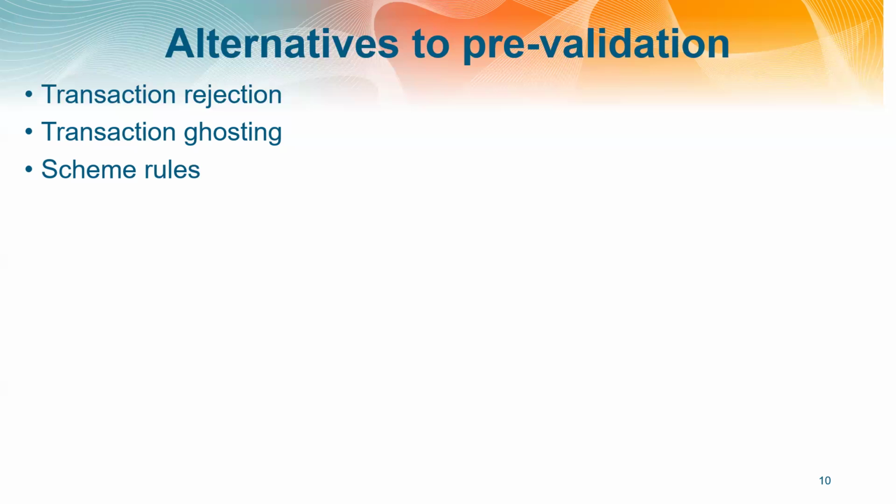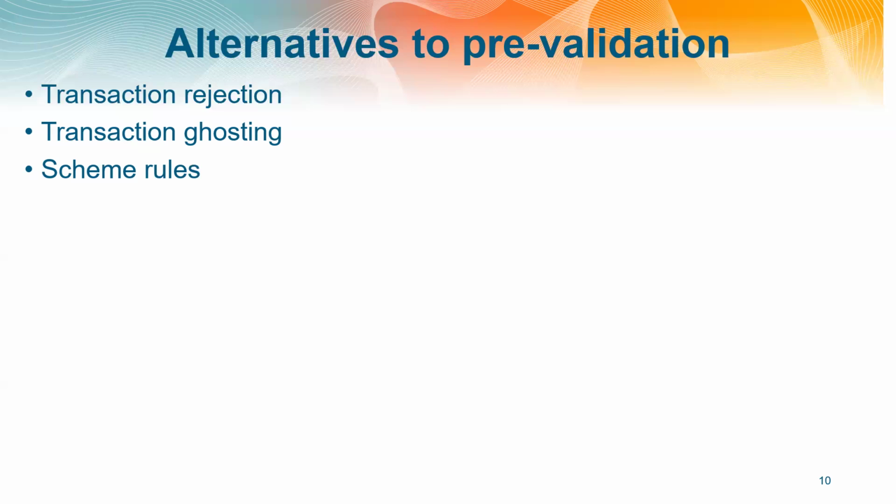And that's the area where potential disputes and potential reconciliation problems arise, because if the sending institution doesn't do that immediately, or doesn't do it at all in some cases, that's when customers say, hey, you took my money and you never gave it to my old mum. So there are alternatives, but we think that they are not as effective as pre-validation itself.